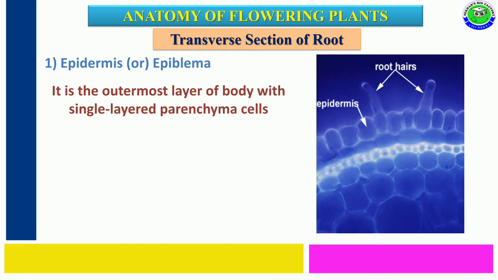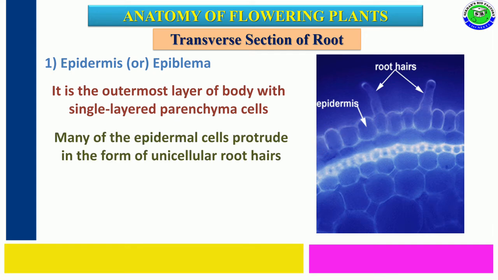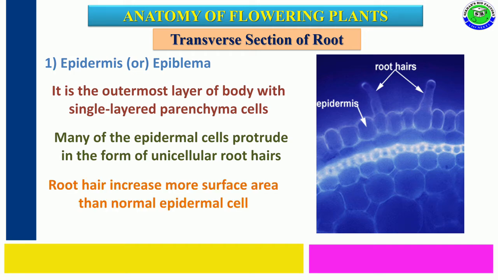The epidermis is the outermost layer in the transverse section and it covers the entire root structure. It is made of a single layer of parenchymatous cells. Some of the epidermal cells form slender unicellular protrusions in the form of hair-like structures. It is called root hair.